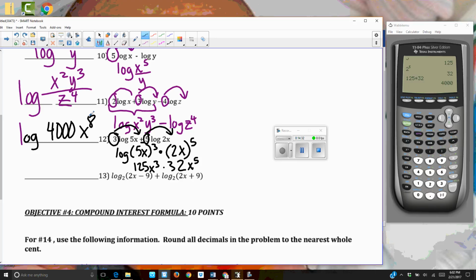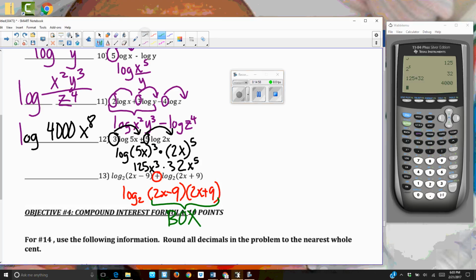And then last one, number 13, no exponents to move. So this is a straight addition to multiplication problem. So it's log base 2, and we're multiplying 2x minus 9 times 2x plus 9. You're multiplying 2 binomials, so that means you're going to use the box method to multiply 2x minus 9 times 2x plus 9.